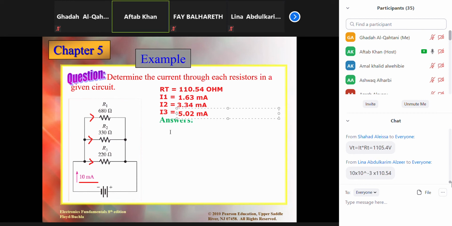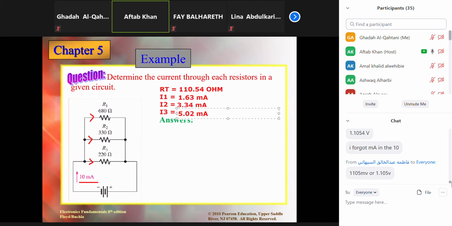See, most of you, your units are always wrong. One said 11.5.4 volts. Another said 10 to the power minus 3. If you don't write the formula, calculate it. Another one said 1105 millivolt.